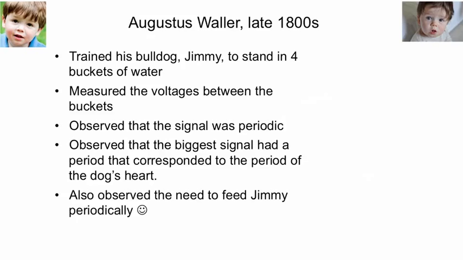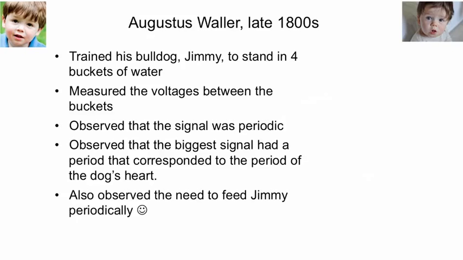Augustus used a device called a capillary electrometer, which by modern day standards is a rather poor voltage measurement device, but that was what he had and he used it. And he measured voltages as a function of time in between the buckets with Jimmy standing in them. And the signals that he saw, he observed carefully and found that they were periodic.